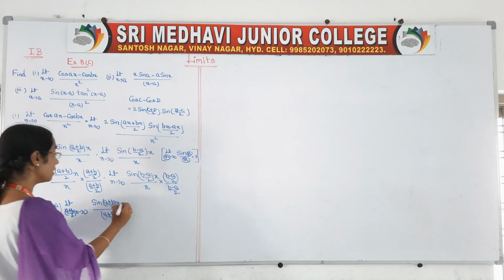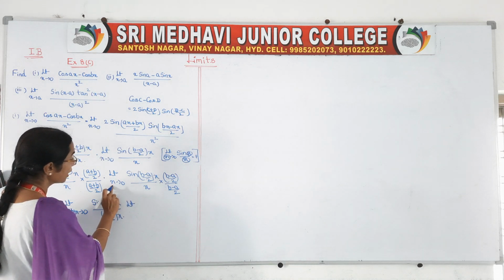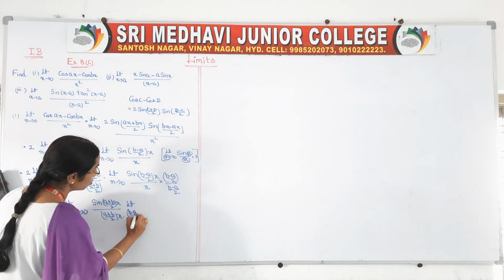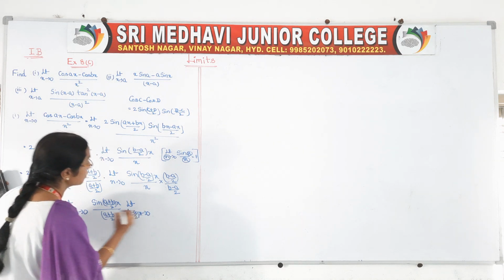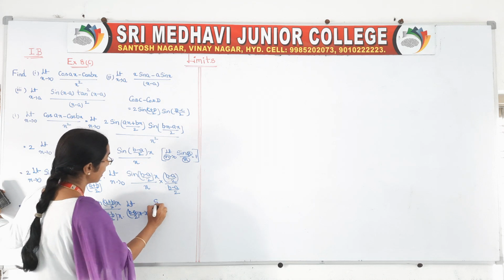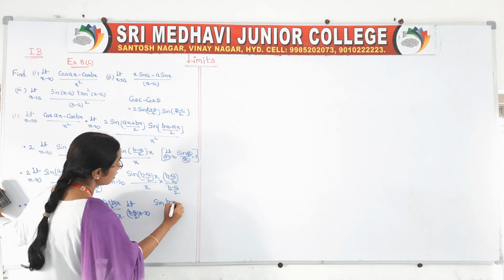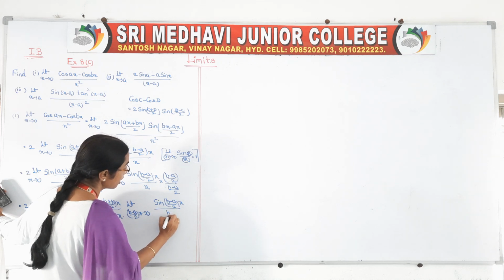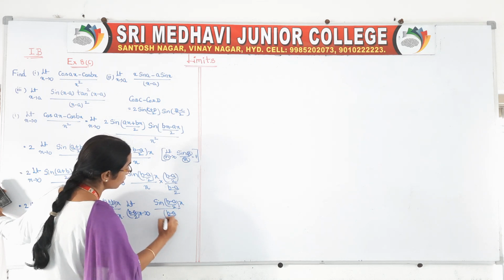Similarly, in x place we write (b minus a) by 2 x tends to 0, sine of (b minus a) by 2 x, by (b minus a) by 2 x.